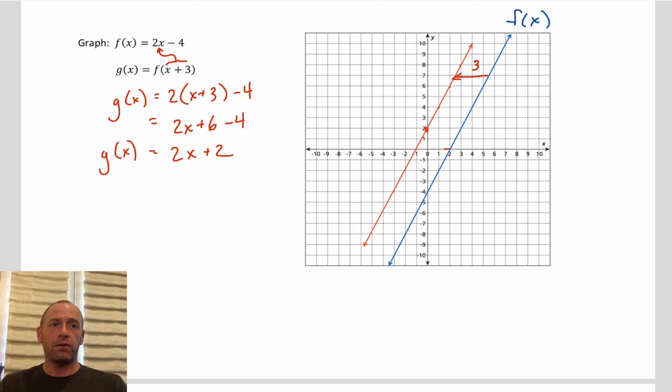And that's evident by what g of x was defined as, x plus 3. That caused it to shift left 3 units. If I wanted to shift it right, I would have subtracted a value from the input. So f of x minus, say, 2. That would cause it to go right 2 units.